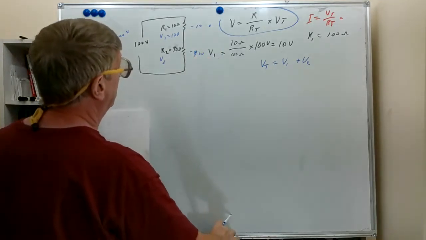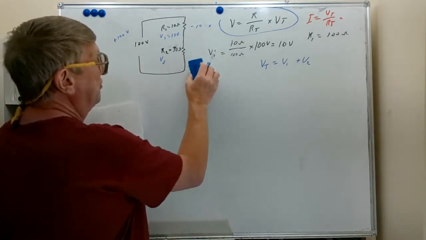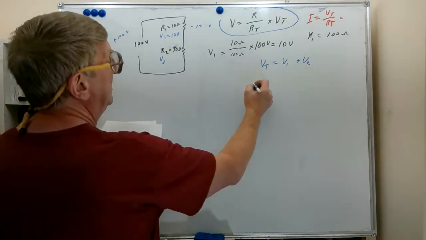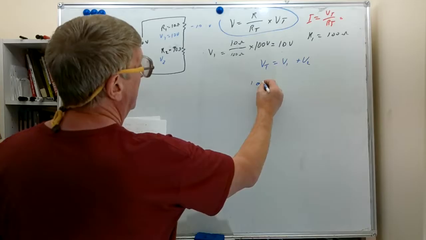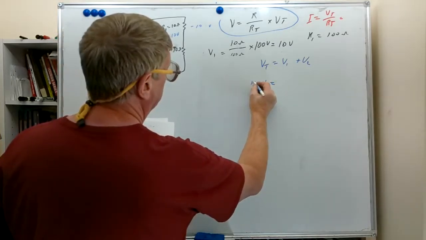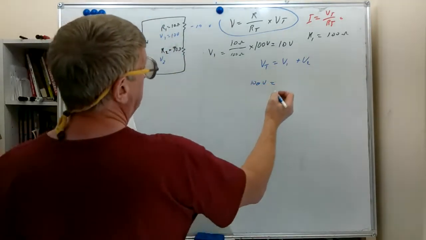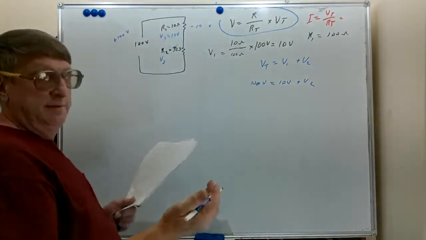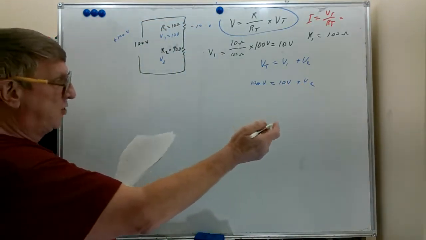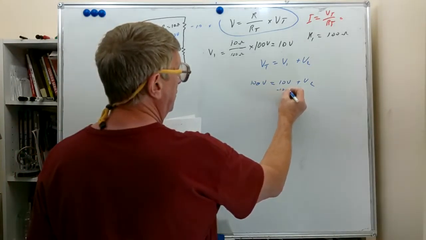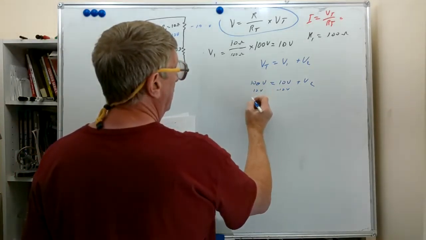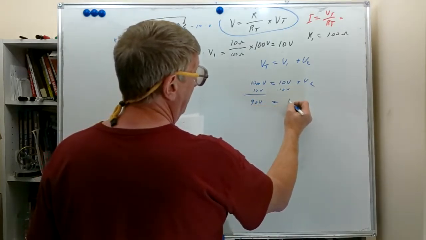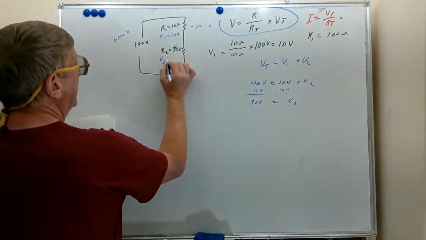Well, we haven't calculated that one, so let's not mess with that just yet. VT is 100 volts. V1 we calculated to be 10 volts. V2 we don't know yet, but we can keep our equation balanced by subtracting 10 volts from both sides. And we get 90 volts equals V2. So we'll put that 90 volts up here now.